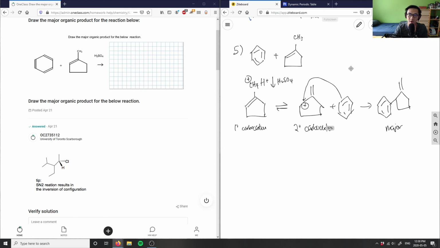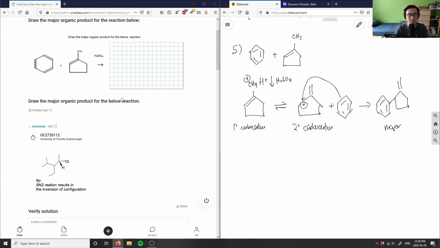I'm not 100% confident in this answer, just because acid here doesn't usually protonate something as well. It might protonate the allylic group here, but normally benzene is pretty unreactive here, unless I'm missing something. I don't think it's a Friedel-Crafts acylation.